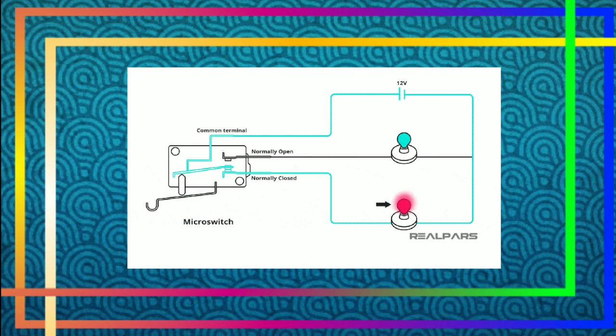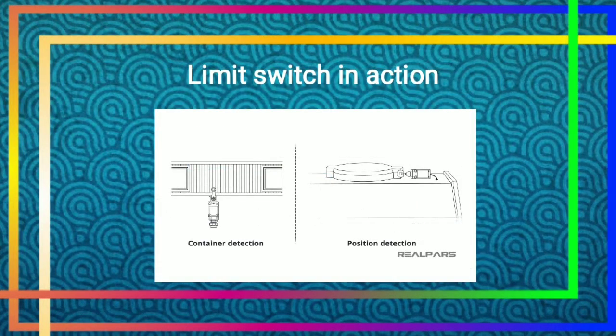So, limit switch in action. Now that you've seen the limit switch in action, you are probably thinking about some of the applications where you have seen them. For example, you might see limit switches operated by a container on an assembly line, or operated by a rotating machine as a part of it, or by any number of other moving mechanical objects.